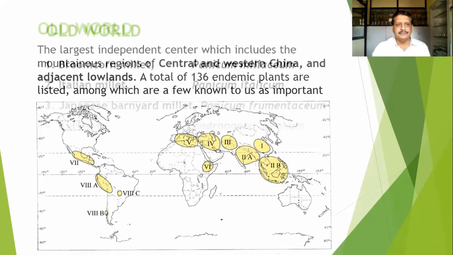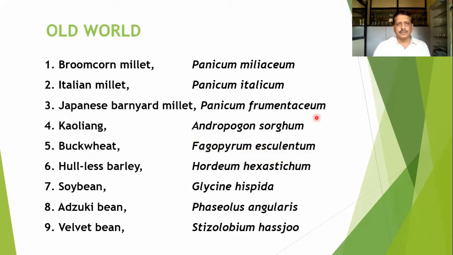Here you can find broomcorn millet, it is Panicum miliaceum. Then Italian millet, it is Panicum. These are species of Panicum, which may be miliaceum, italicum, or frumentaceum. Then Kaoliang, it is Andropogon sorghum. Then buckwheat, Fagopyrum esculentum.